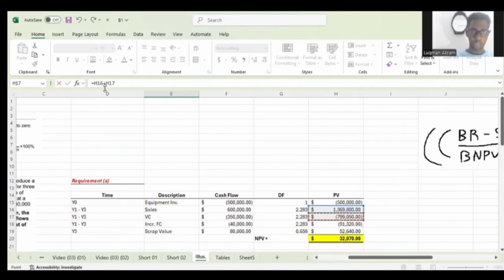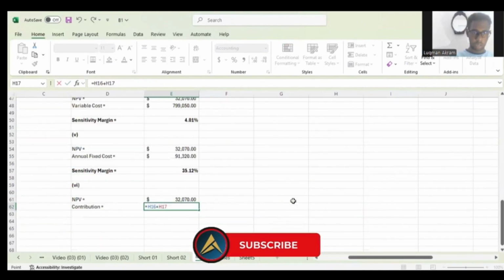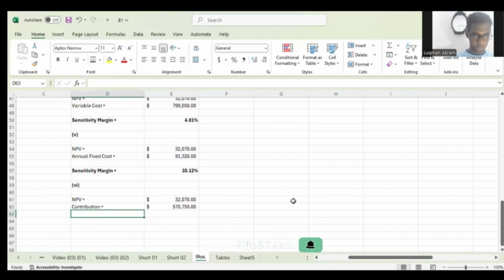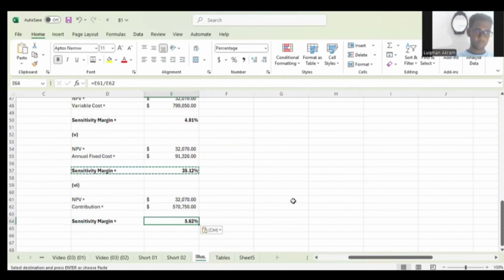If you notice in the cell, I put the positive figure because originally the cell is already in a negative. So we can calculate the contribution to be 570,750. The sensitivity margin would be 5.62%.